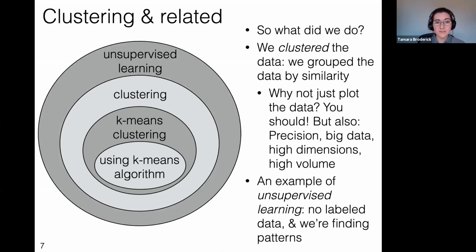Finally, you can have forms of unsupervised learning that are not clustering. For instance, suppose I have a bunch of data points and my data points represent documents. Maybe they're all the documents in Wikipedia, maybe they're all the documents on the web, and I want to cluster them to find the topics or the themes in those documents. So I could do clustering, but maybe I think that some of my documents have multiple topics in them.